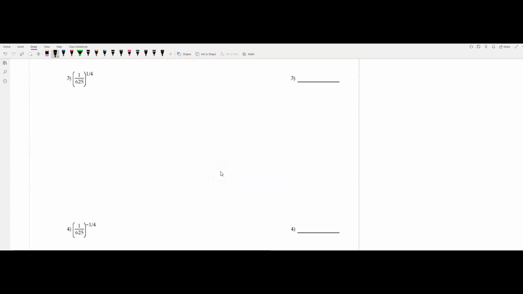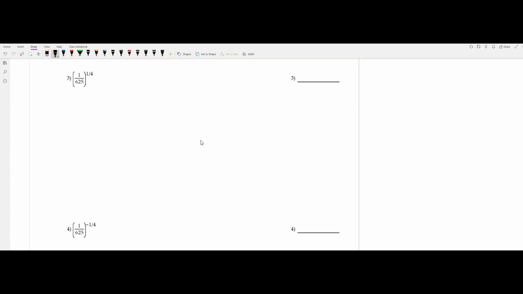All right, so here we have kind of the same thing, but here we have a negative rational exponent. Let's go through it.